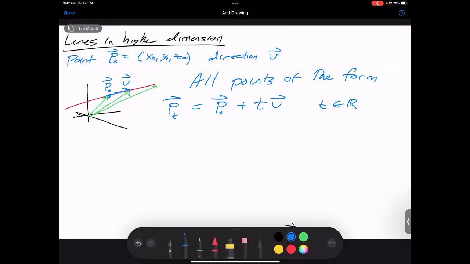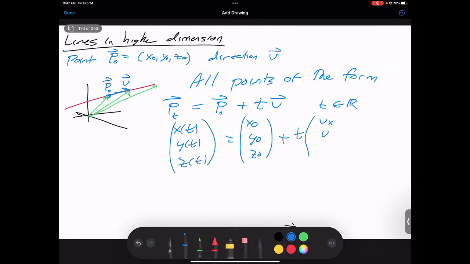So we could write this as x of t, y of t, z of t is x naught, y naught, z naught plus t vx, vy, vz.